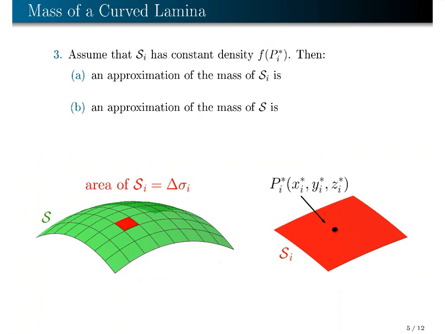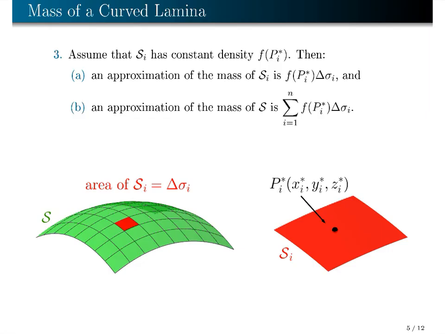Since we now assume that the patch Si has constant density f of Pi star, the mass of the patch Si is approximately equal to the density f of Pi star multiplied with the surface area delta sigma i of Si. Hence, we now have approximated the mass of each of the n patches of S.